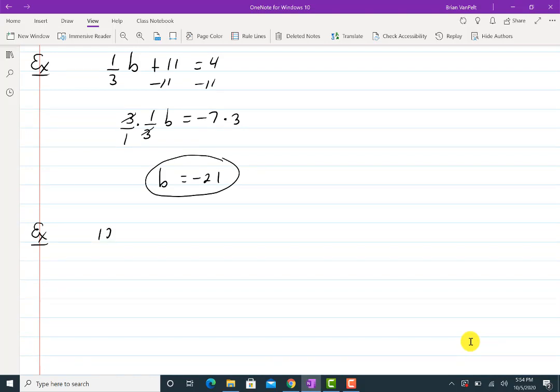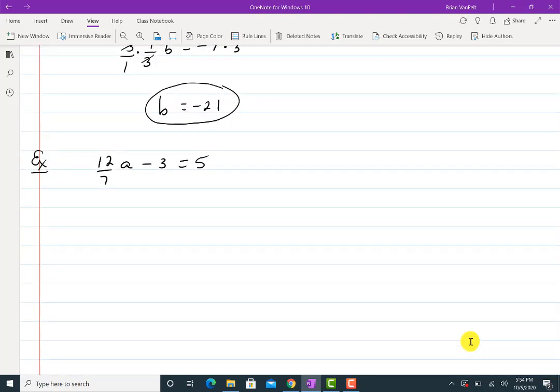Next, I have 12/7 a minus 3 equals 5. I'll do the same thing as before. I'm going to add 3, add 3. Okay, 12/7 a equals 8.